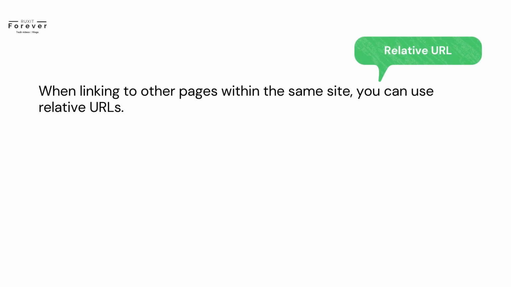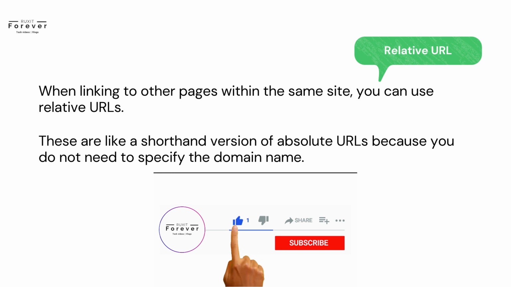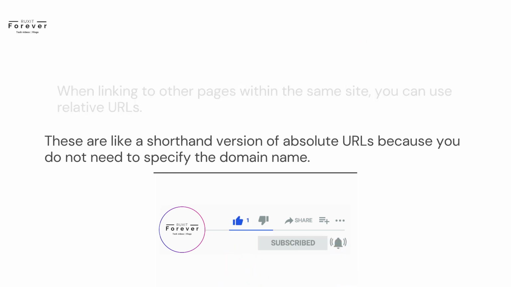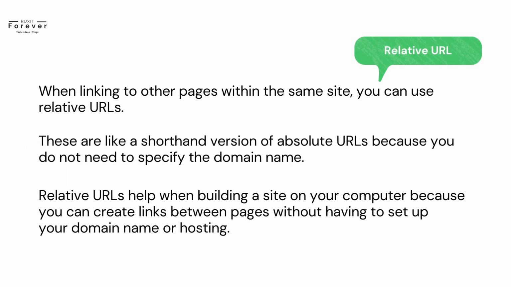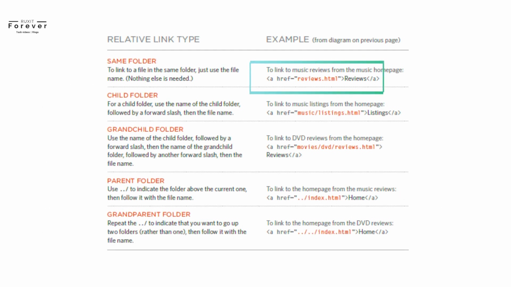When linking to other pages within the same site, you can use relative URLs. These are like a shorthand version of absolute URLs because you do not need to specify the domain name. Relative URLs help when building a site on your computer because you can create links between pages without having to set up your domain name or hosting. If all of the files in your site are in one folder, you simply use the file name for that page.